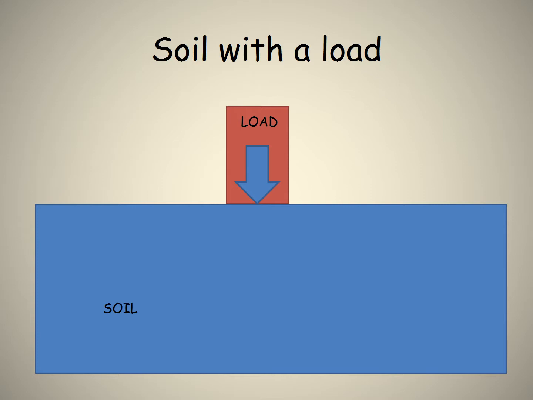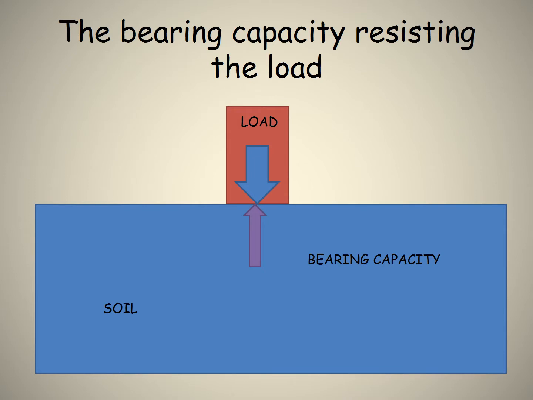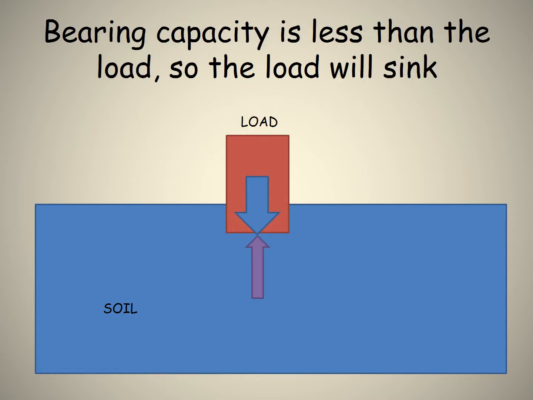Now, if there's enough bearing capacity to be able to hold up that load in this soil, we'll be fine. Now, the bearing capacity has to equal the load on the building. If the bearing capacity is less than the load, it's going to sink.